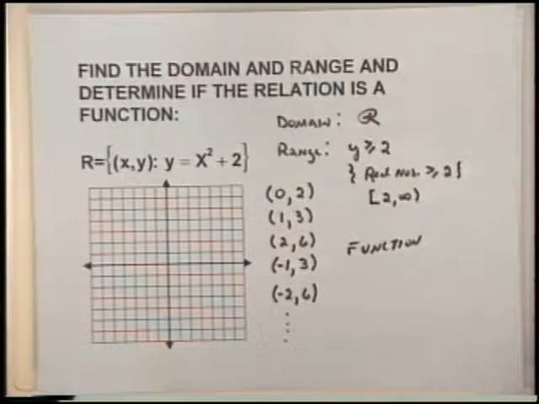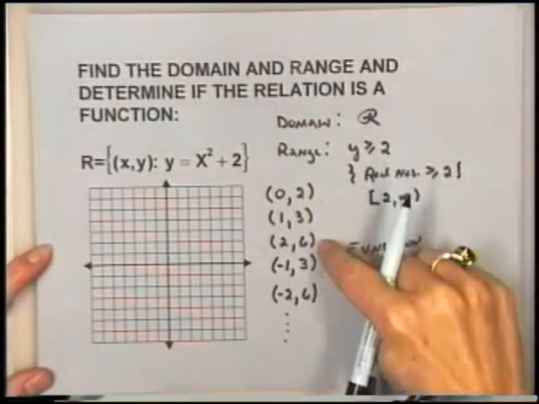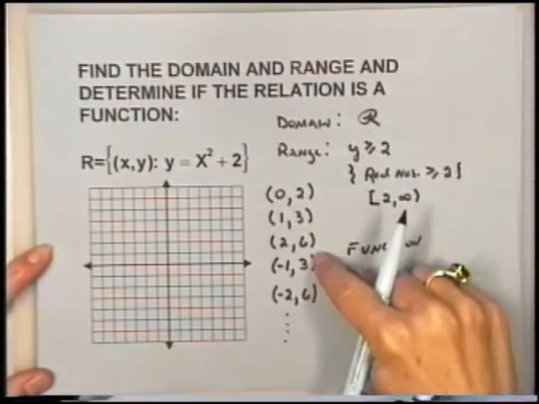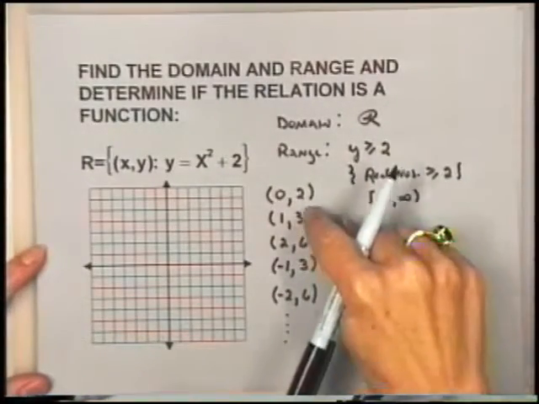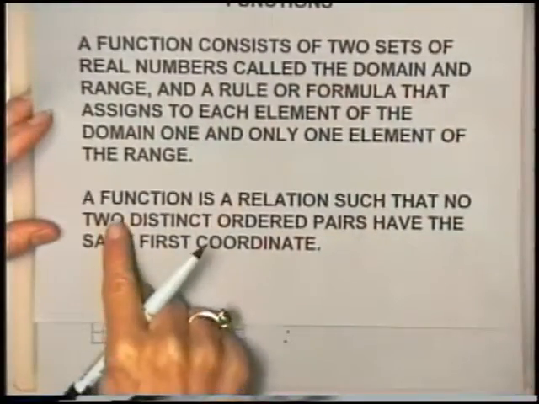Now, this is the kind of function that sometimes confuses students. Notice that over here, we do have our second coordinates that sometimes are the same or repeated. That was not in the definition. Look again.